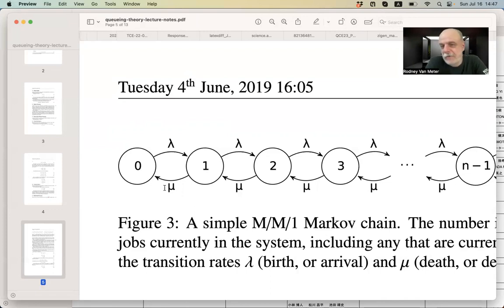So when the system starts, you have 0 customers in it, and when the first customer arrives, you have 1 customer in it. If the customer finishes and departs before a second customer arrives, then you would transition from the 1 state back to the 0 state, and everything's quiet. But on the other hand, if a second customer arrives before you finish with the first one, then you would move from the 1 state to the 2 state.